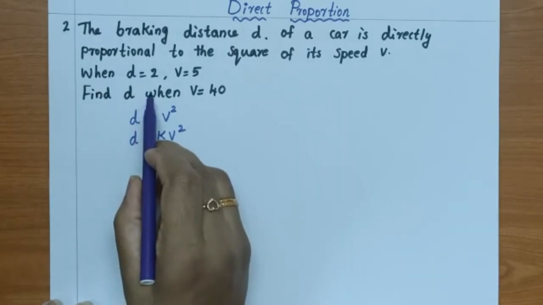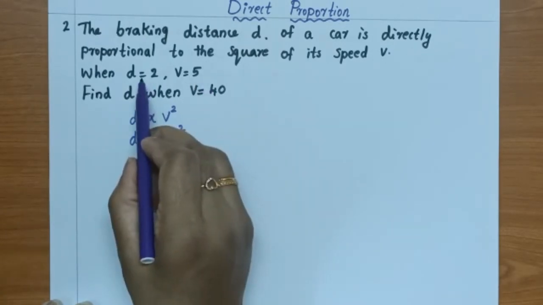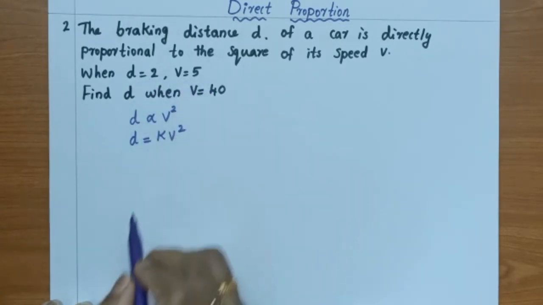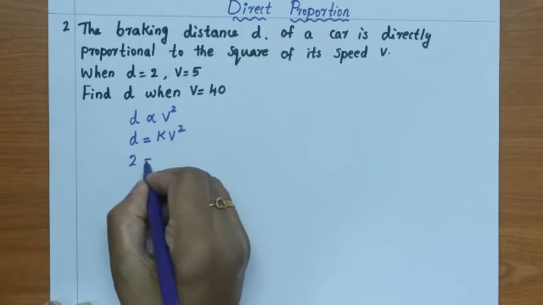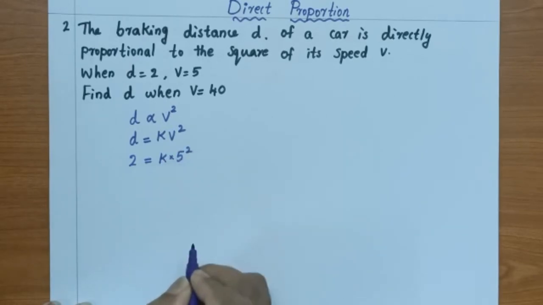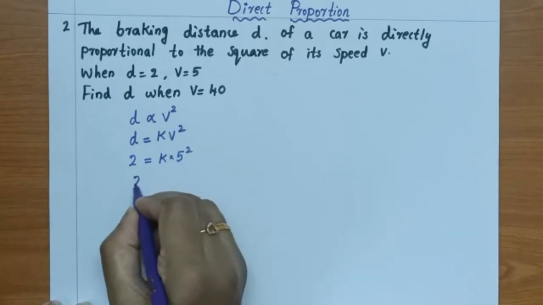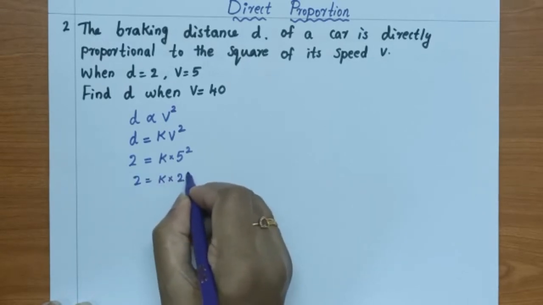Then when d equal to 2, v equal to 5. Using the values of d and v, we can find the value of constant. So substitute the value of d, that is 2 equal to k into 5 square. v is 5. So 2 equal to k into 5 5s are 25.